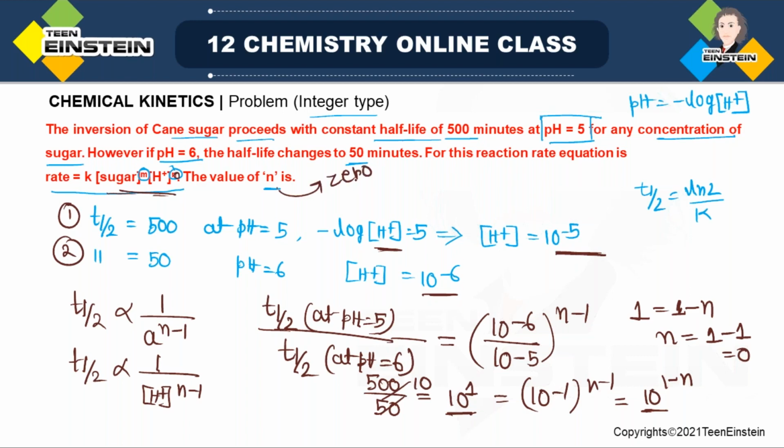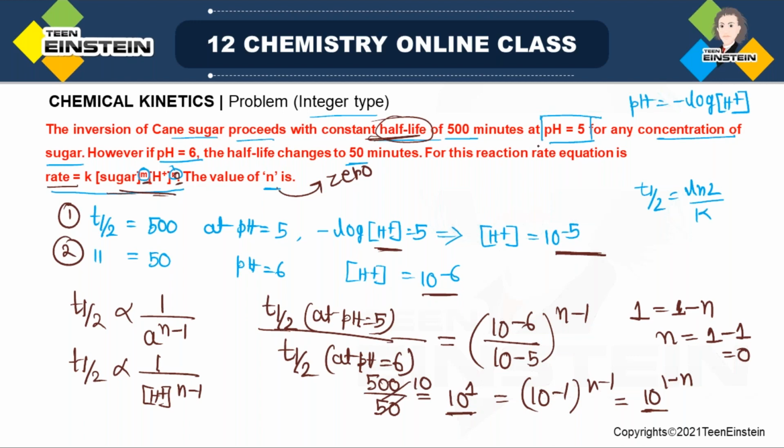Fine. Now don't be confused between the half-life and rate. In the rate it is mentioned that sugar has power m, H plus has power n, and we have just calculated that n is 0. That means the rate is not dependent on H plus concentration, but as it is a first order reaction, obviously the value of m will be 1. So it is dependent on sugar concentration. But when you are talking about half-life, as it is a first order reaction, it will not be dependent on the starting material concentration.